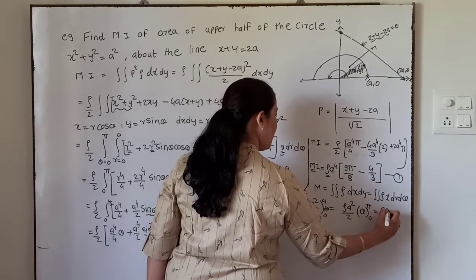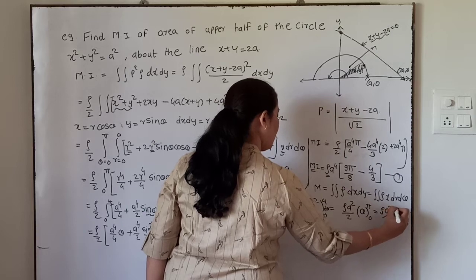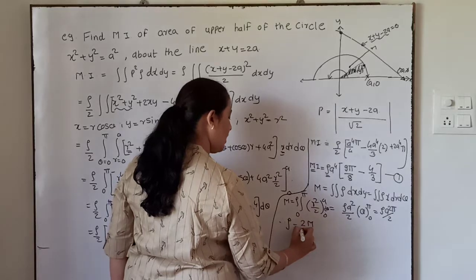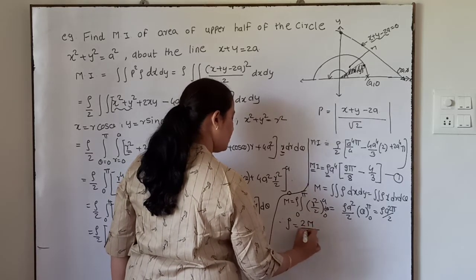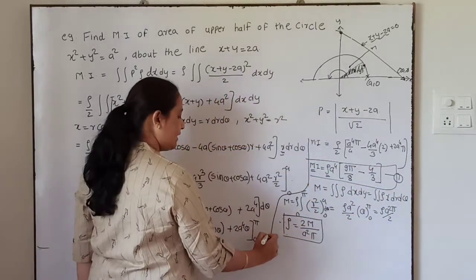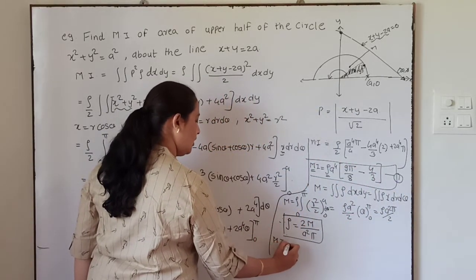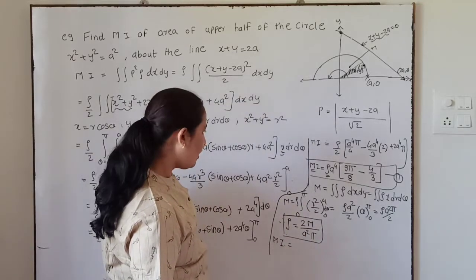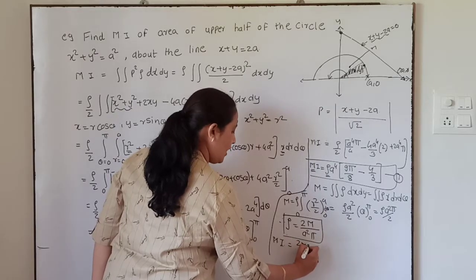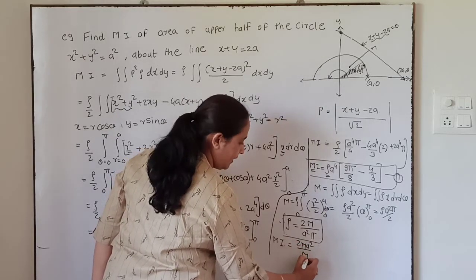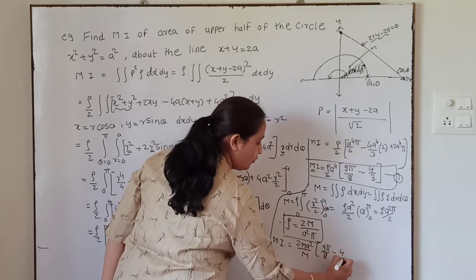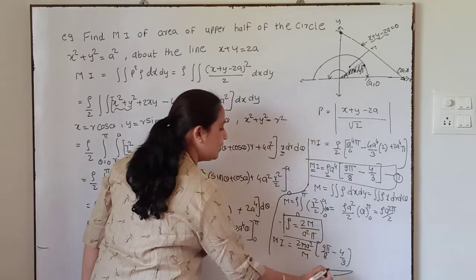So you get rho a square upon 2 into pi. Therefore, the value of rho is equal to 2m upon a square pi. Substitute this value of rho in equation 1. You will get the required moment of inertia equal to 2m a square upon pi in bracket 9 pi upon 8 minus 4 by 3. This is the required moment of inertia.